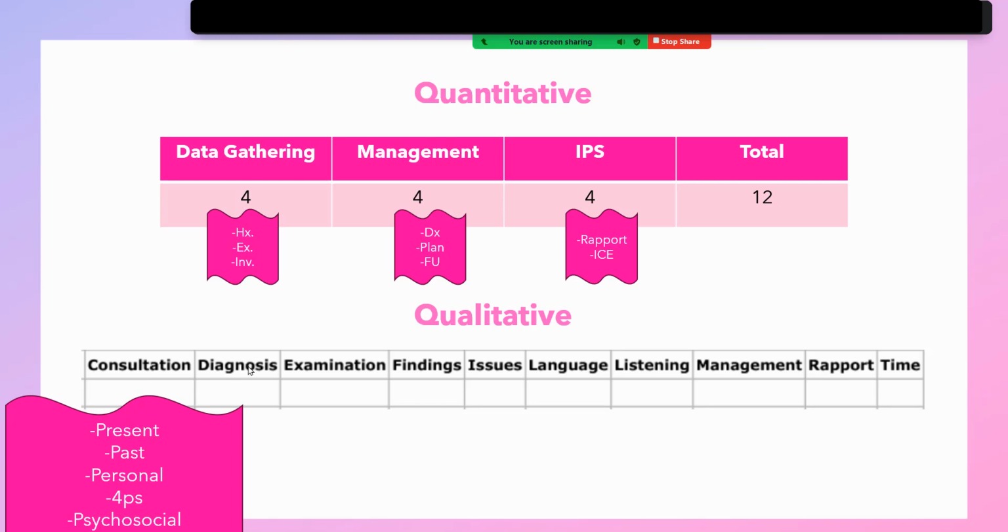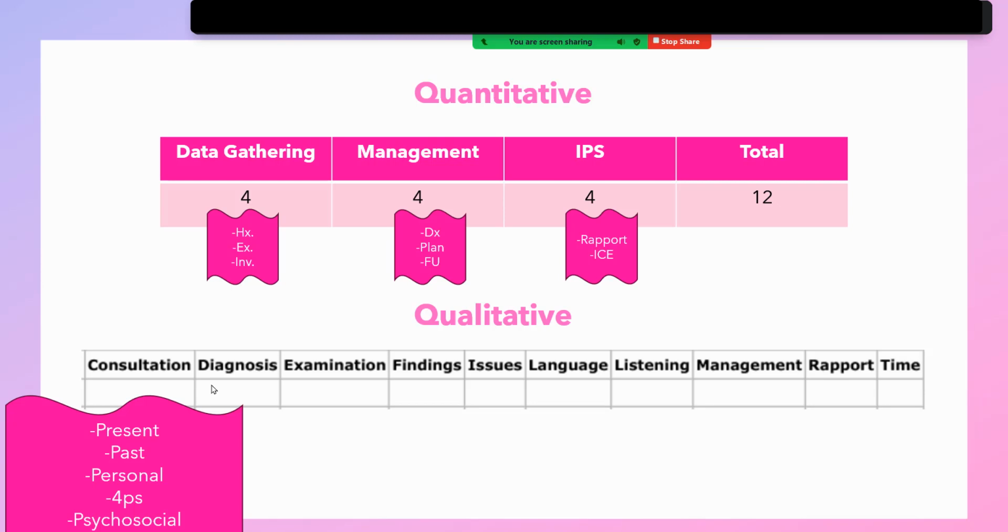Okay? In diagnosis, you have to give the right provisional diagnosis or a range of working diagnoses. Let's take an example of this. A patient who is presenting with chronic dry cough.